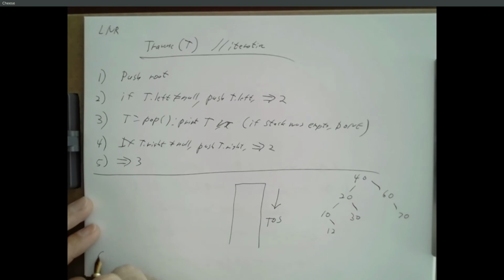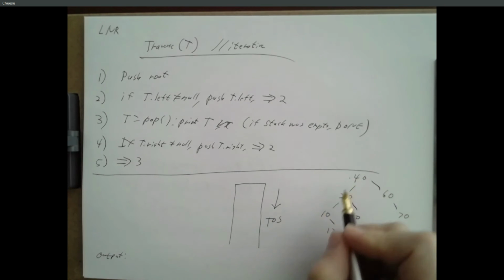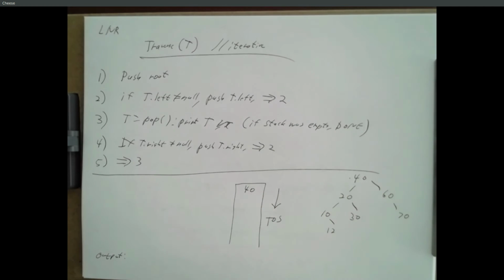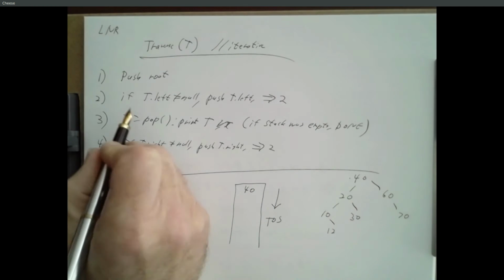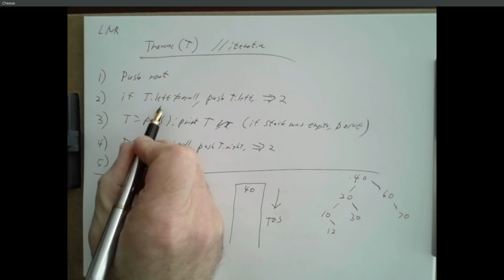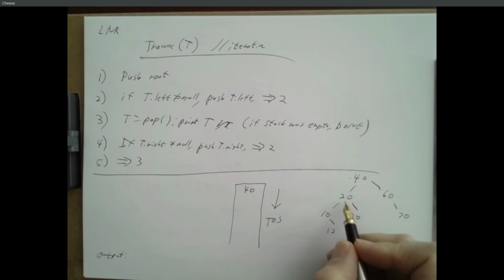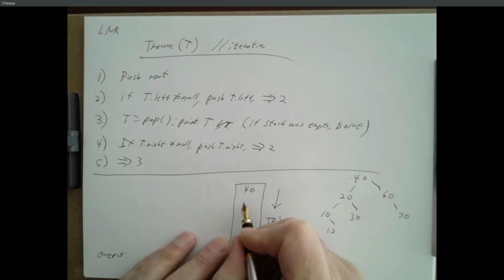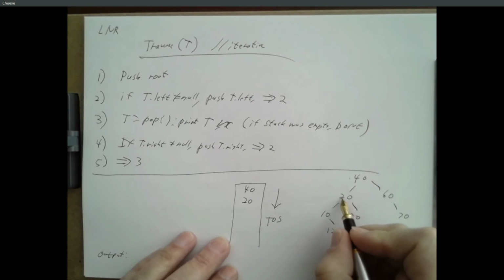And let's make an output section and record what we print when we run this algorithm. So step 1, we push the root of t, which is 40, so that gets pushed on the stack. Step 2, see if there's something to the left of t, and there is, it's not null. So we're going to push that node onto the stack, and go back to step 2.